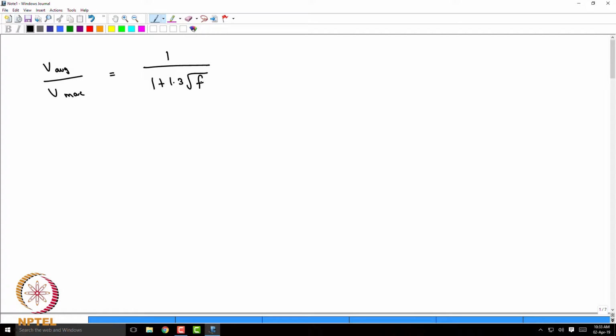Typically, let's say if I take a Reynolds number of 10 raised to 4, then V by V max comes out to be 0.8.